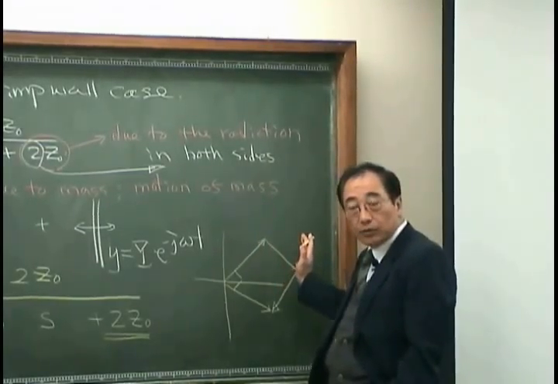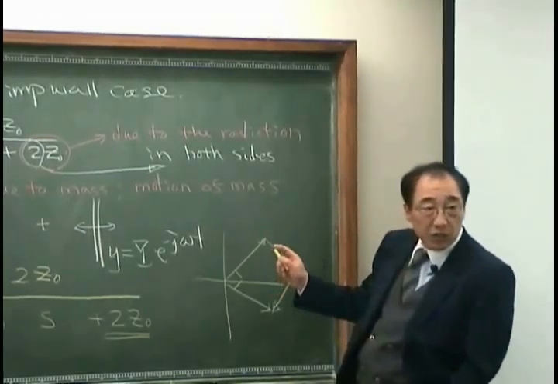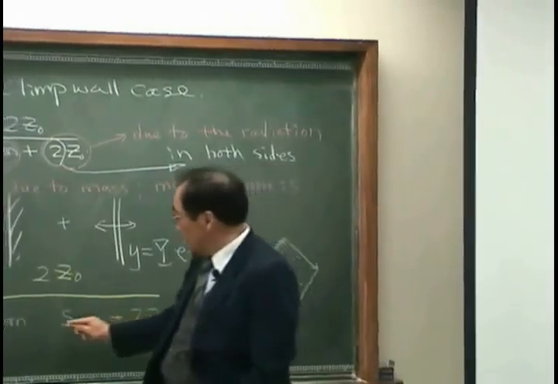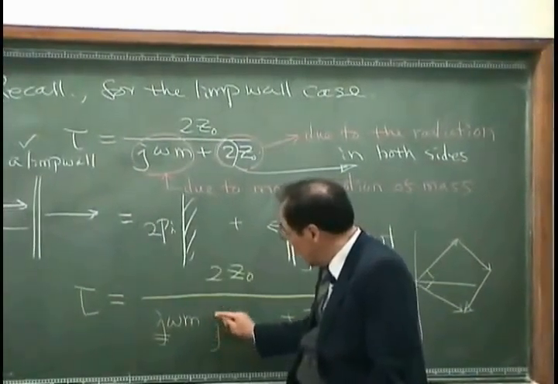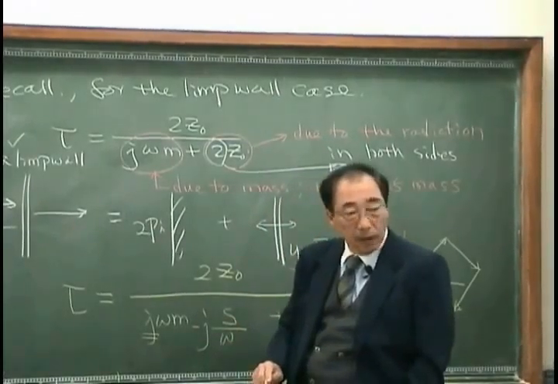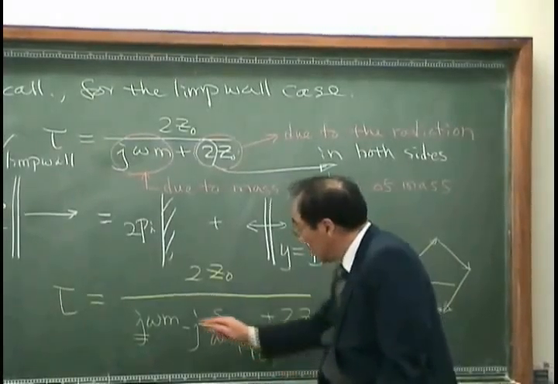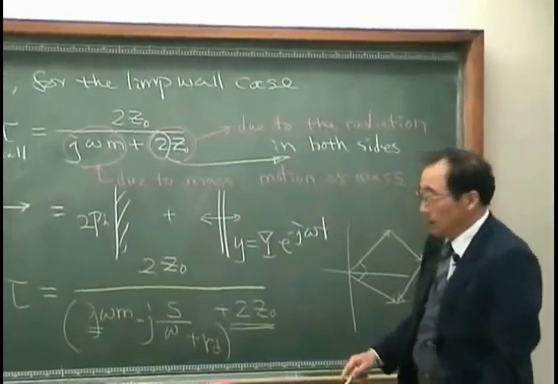I have to rotate this way, therefore I have a minus j omega factor. So I can write over here j omega minus. And I can write over here RD. Okay?